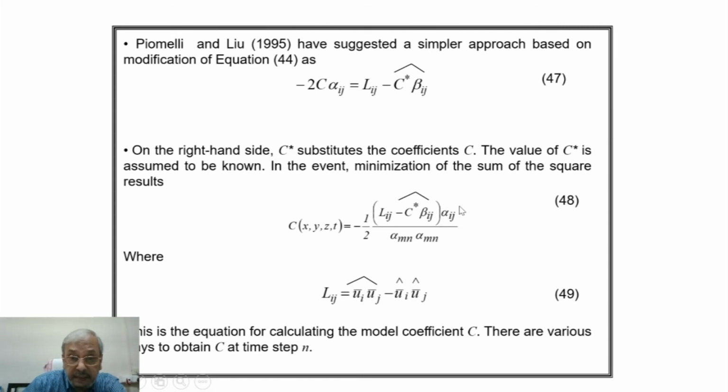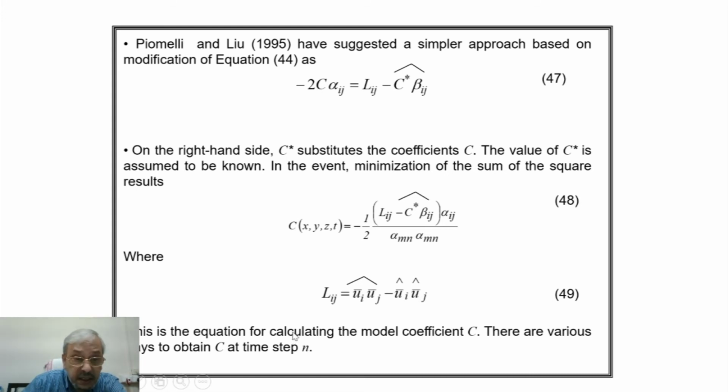into alpha ij, where Lij is ui into uj averaged over test filter minus ui into uj, both are at test filter level.